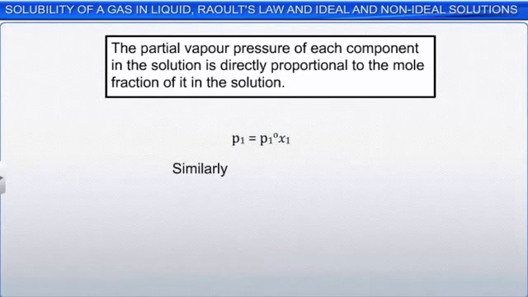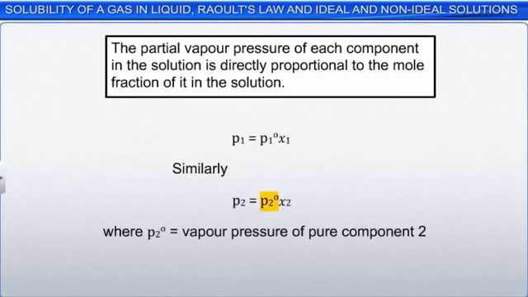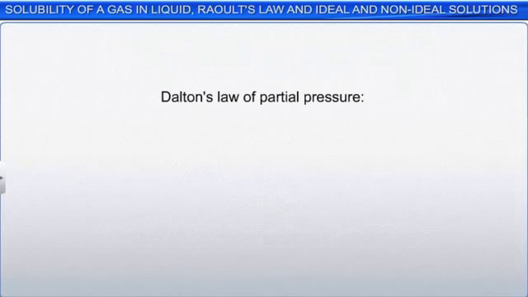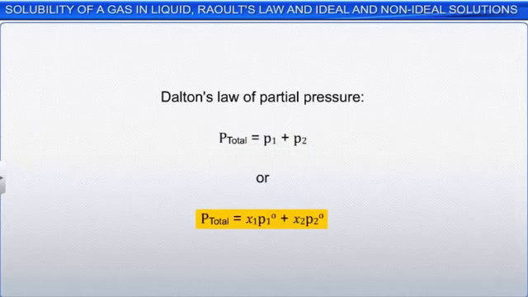Similarly, for the component 2, P2 is equal to P2 naught X2, where P2 naught represents the vapor pressure of the pure component 2. Now, if you apply Dalton's law of partial pressure, the total vapor pressure of the mixture would be equal to the sum of the individual partial pressures of the component 1 and 2. That is, P total is equal to P1 plus P2, or P total is equal to X1 P1 naught plus X2 P2 naught. Let this be equation number 1.